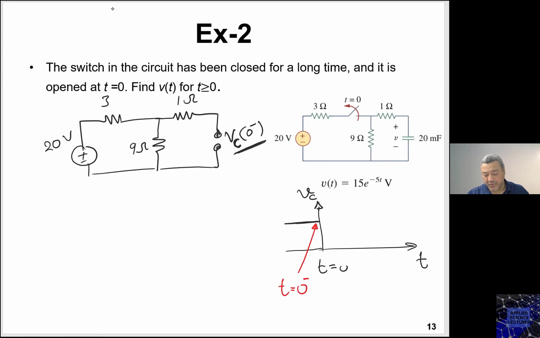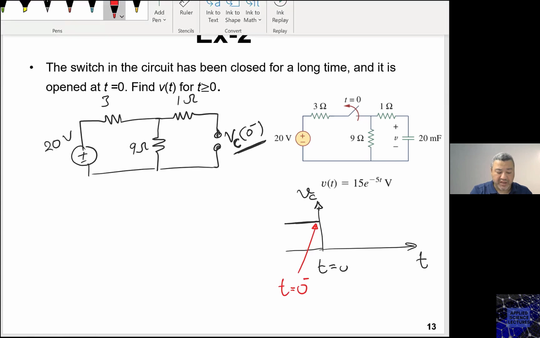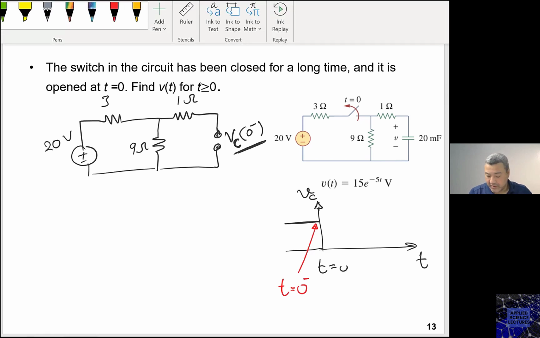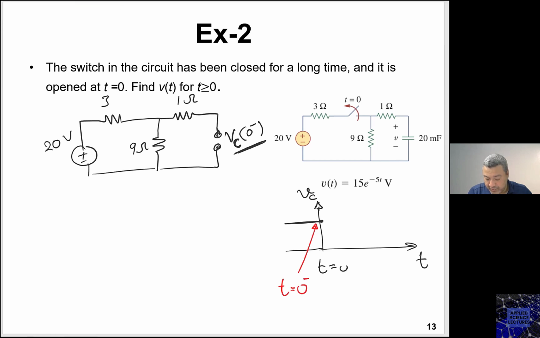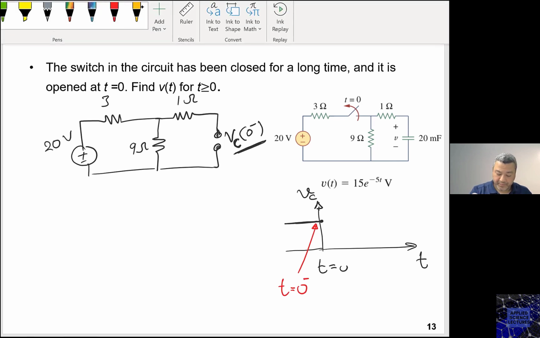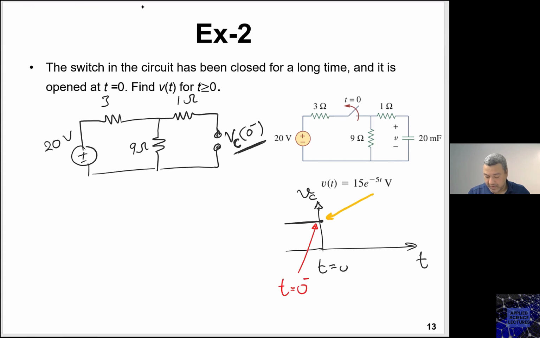Now the capacitor, once the switching happens, the value after the switching is not going to change. The value right here is going to stay the same, and this is at 0 plus.